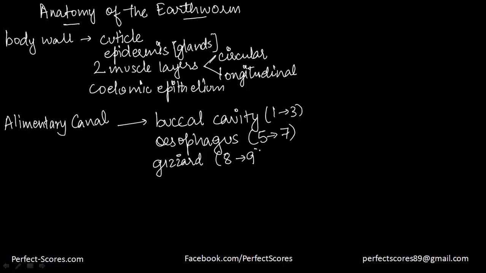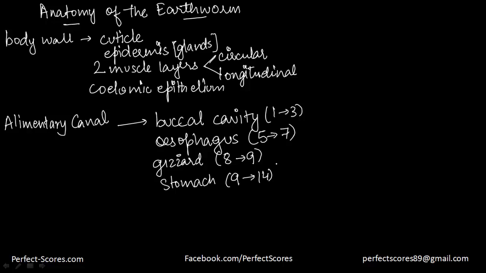Now the gizzard is present in lots of other animals as well. It helps to grind the soil particles that the earthworm has ingested and even to grind the decaying leaves. And then the stomach is there that extends from the 9th till segment number 14. Now the food of the earthworm is basically decaying leaves and the organic matter that is mixed with soil.